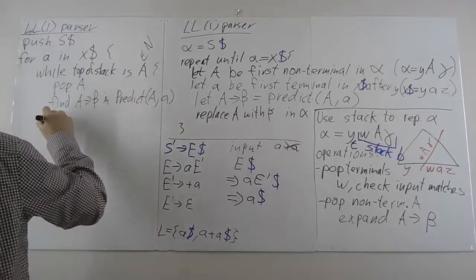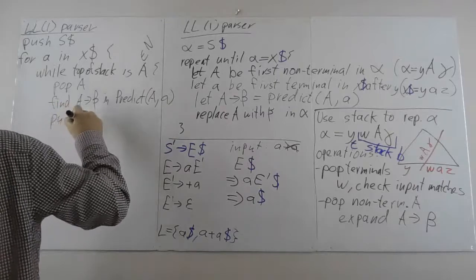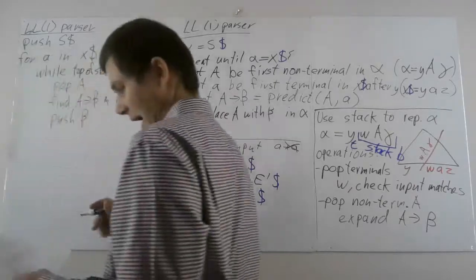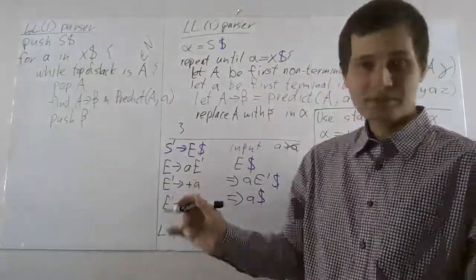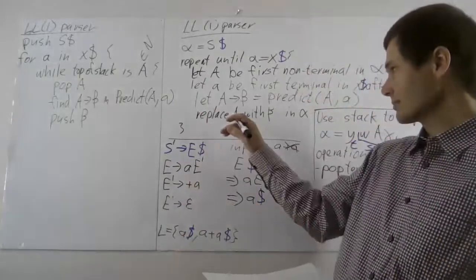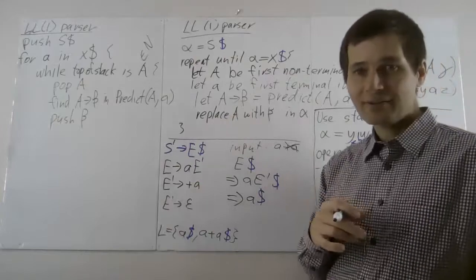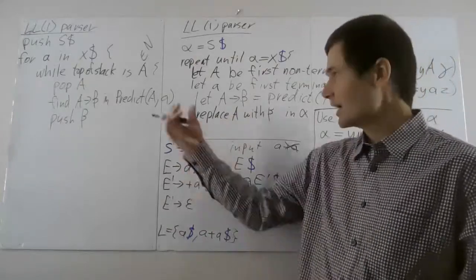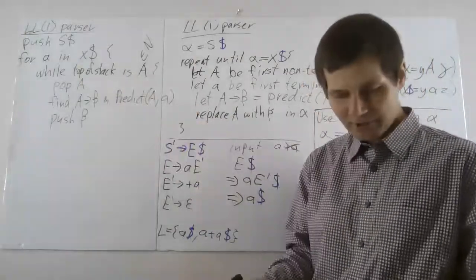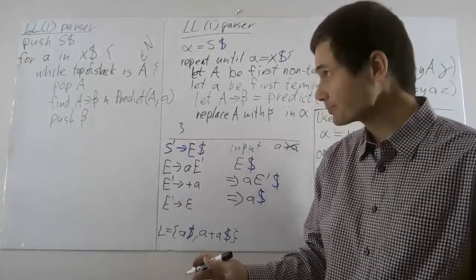And then I'm going to push beta onto the stack instead of A. So this is the part where the algorithm said replace A with beta in alpha. Well, since alpha is represented by the stack, I'm popping A and pushing beta in its place.